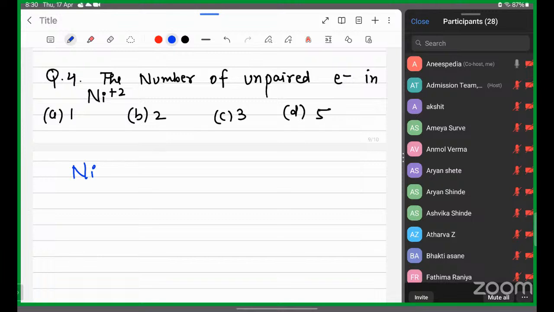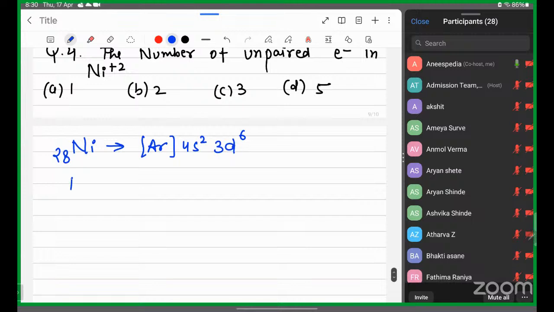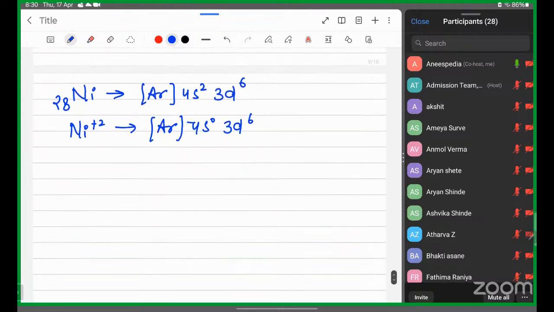28. It is not 27, it will be 28. Cobalt is 27. Its electronic configuration will be [Ar] 4s2 3d8, and 2 electrons are removed, which means Ni2+ will have [Ar] 4s0 3d8.